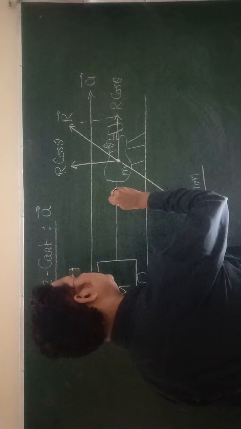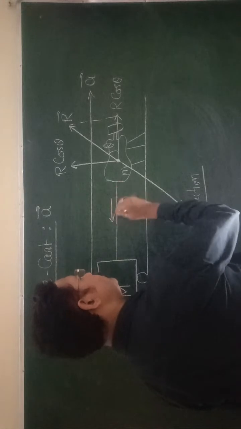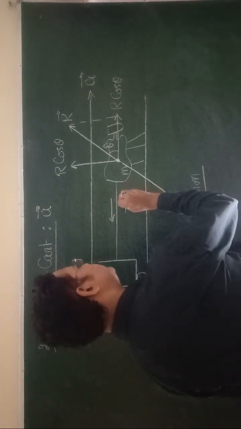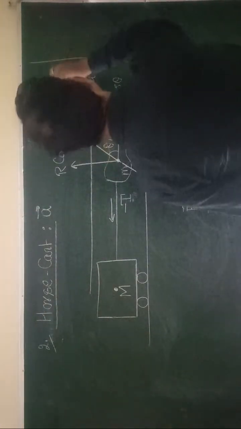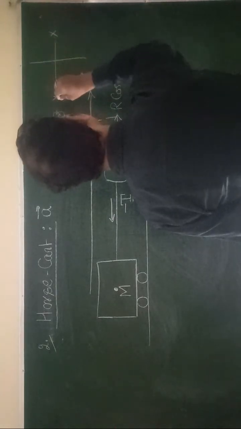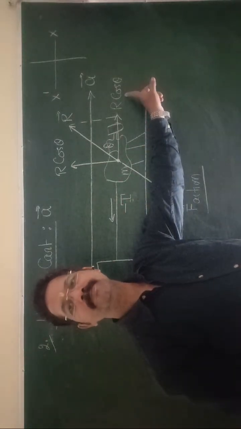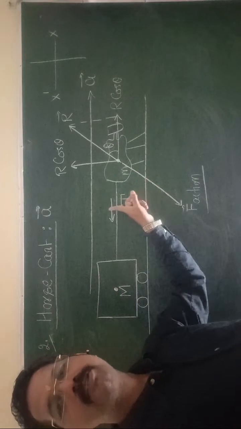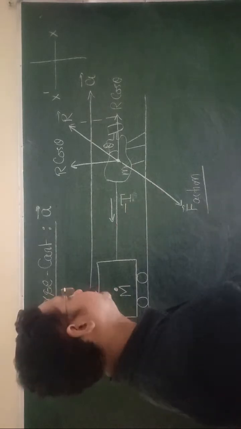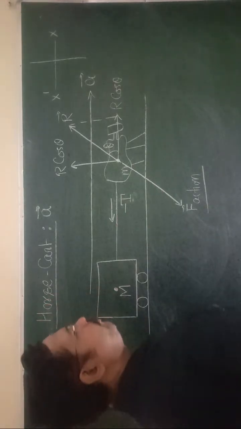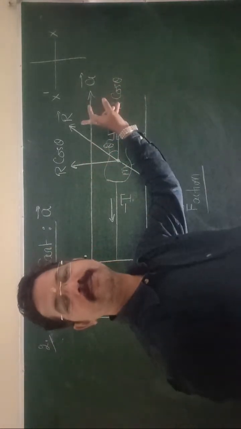So one tension acts in this direction. You can say minus T if you calculate by the x and y axis. X is positive, here x is negative. So this is positive R cos theta, and this is tension minus T. Direction is different, so I am writing here minus T. Again, on this force, remove the force.